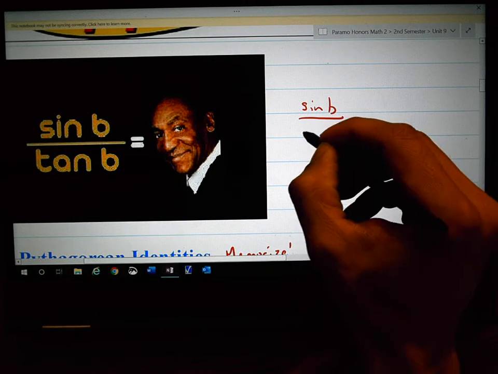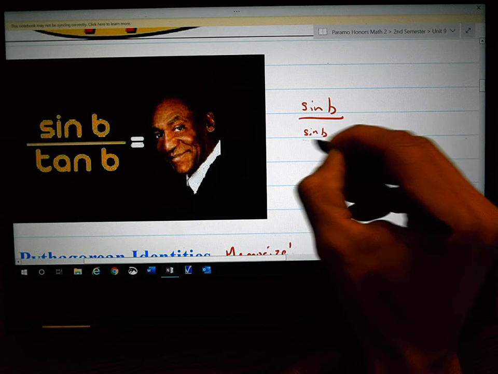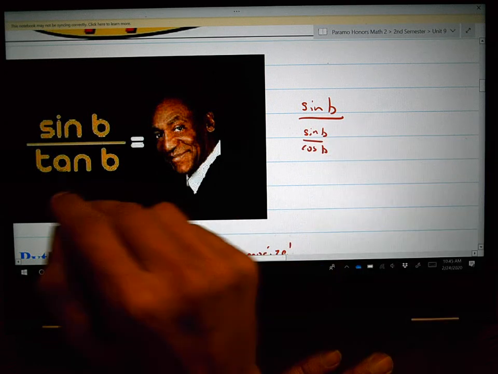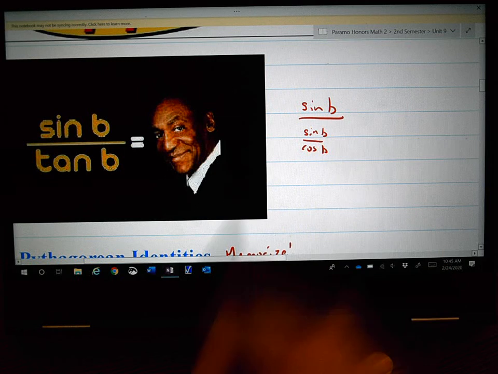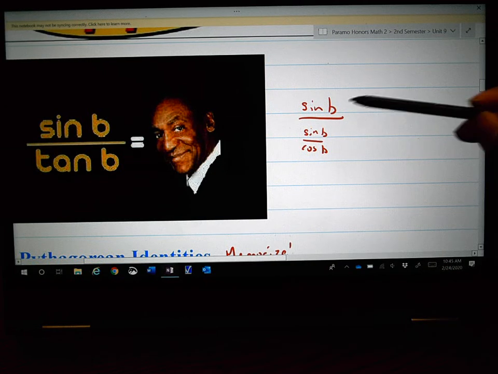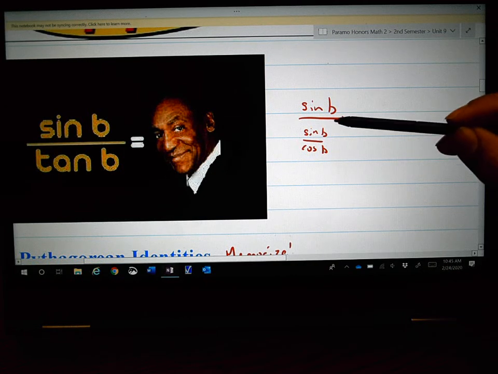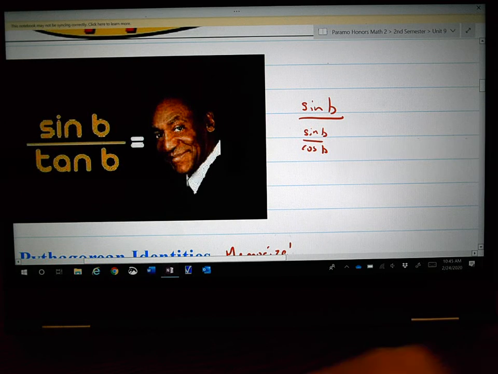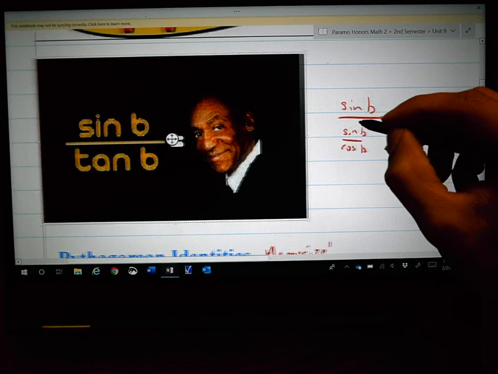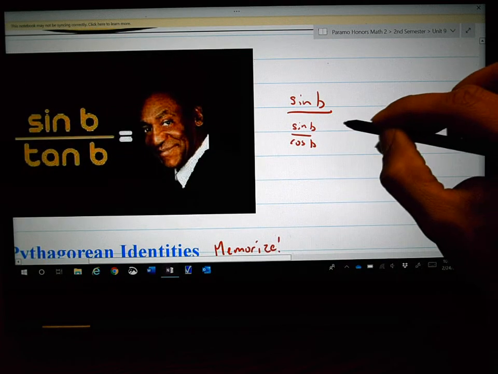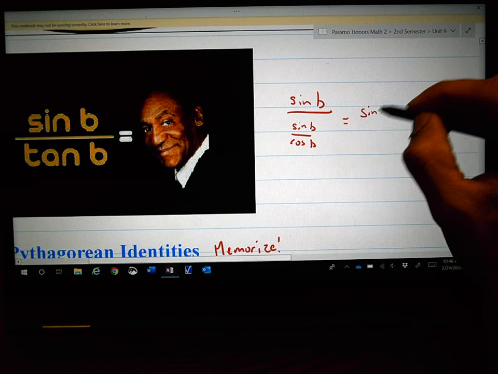Isn't that the same thing as sine of B over cosine of B? Is that the same thing as tangent of B? And so, instead of dividing by tan, we're dividing by sine of B over cosine of B. You should already know how to handle division by a fraction. Isn't that the same thing as multiplying by the reciprocal?